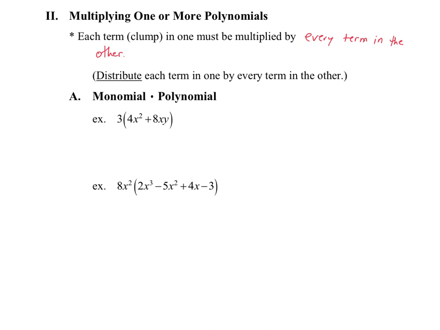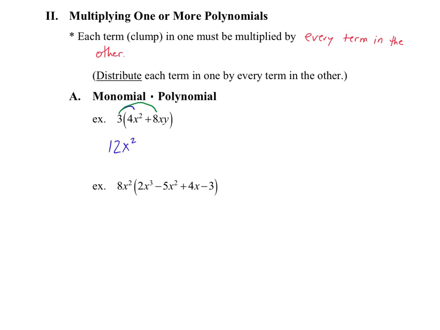Here I have my 3 times my 4x squared. So if you go back, that's kind of like what we were doing up above in Roman numeral 1, 2 monomials. So we do the 3 times 4, which gives me a 12. And then we don't have anything to multiply by the x squared, so it's just an x squared. And then we do the 3 times that second term in the parentheses, which is another monomial times monomial.